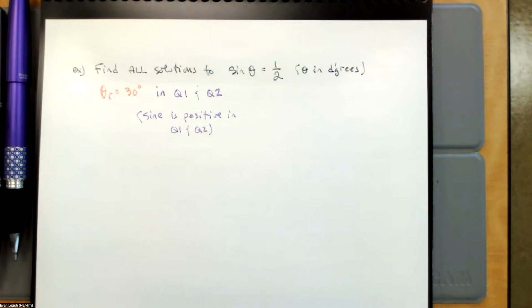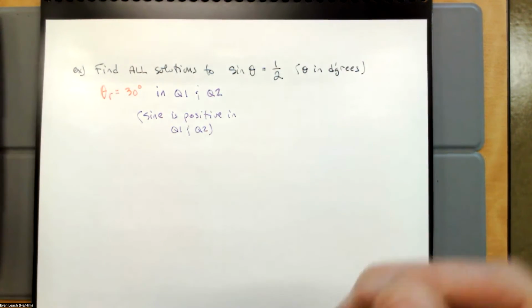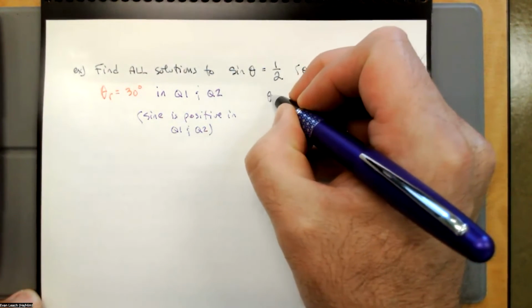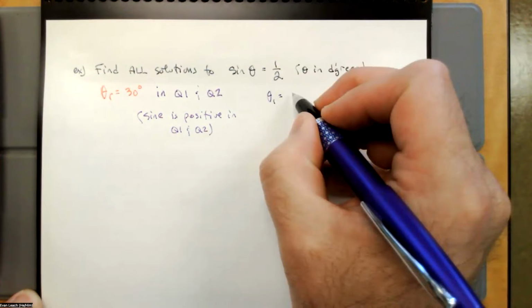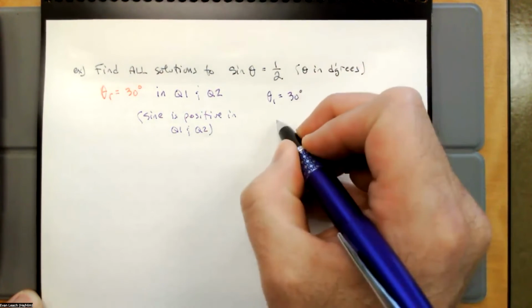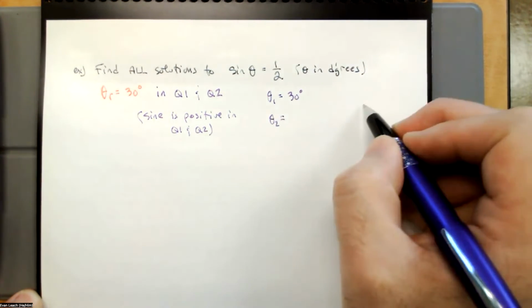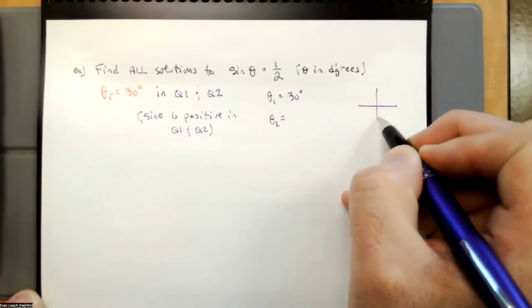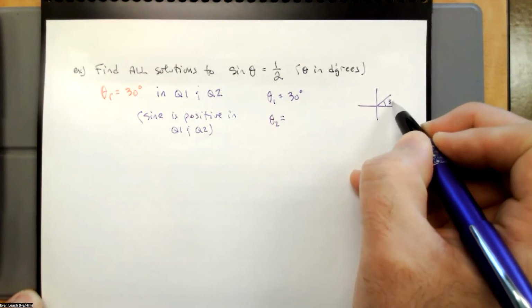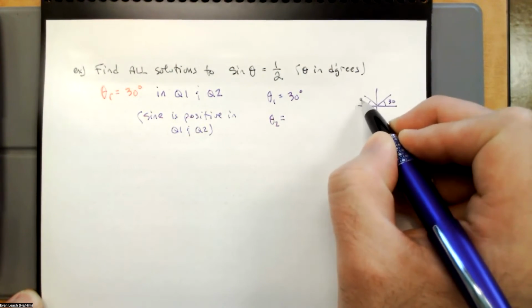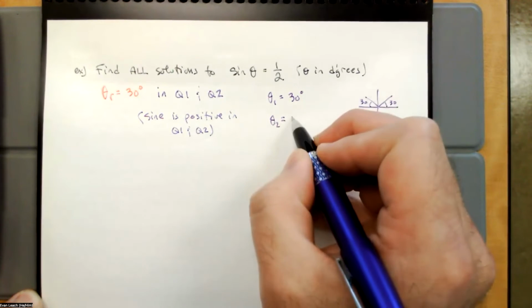And then I'll just put 30 degrees in quadrant 1 and 30 degrees in quadrant 2. So I'm going to say theta 1 is just 30 degrees. And theta 2 is 30 degrees in quadrant 2. So there's 30. And here's 30 in quadrant 2. So that's going to be 150 degrees.